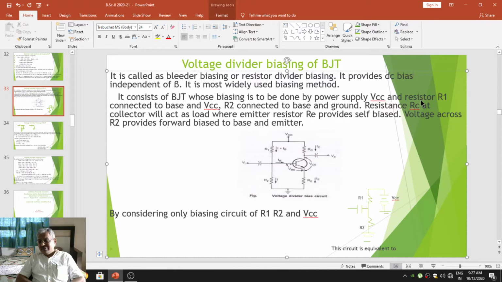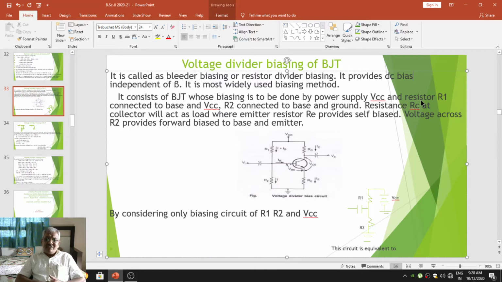To proceed with that particular biasing method, at the beginning we can say that by choosing the proper values of the two resistors R1 and R2 of the resistor divider, which decide the base to emitter voltage of the BJT, a proper magnitude of base current flows through the base of the transistor, which will maintain the proper value of collector current so that the operating point of the BJT is located in the proper region on the load line.